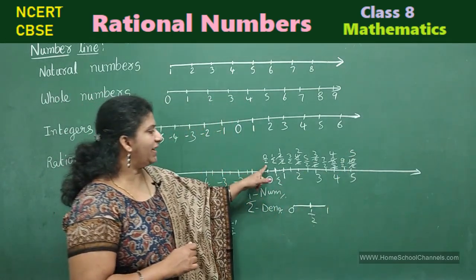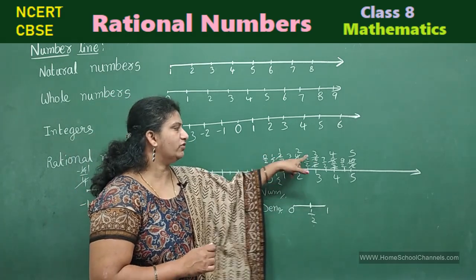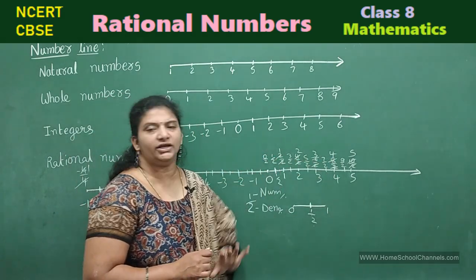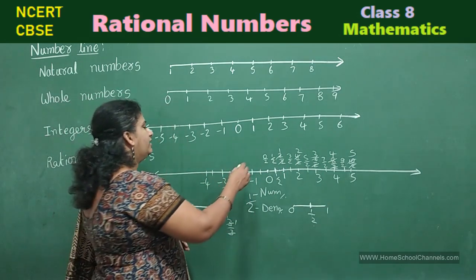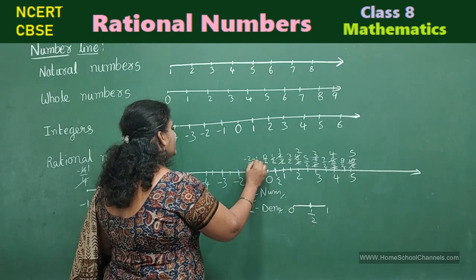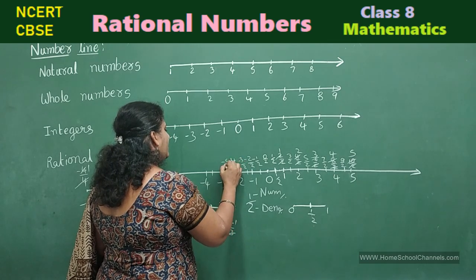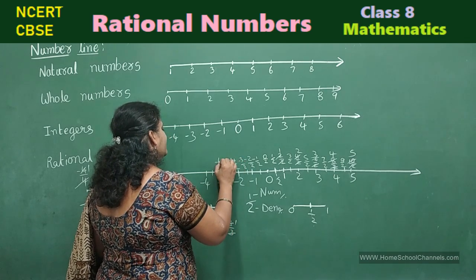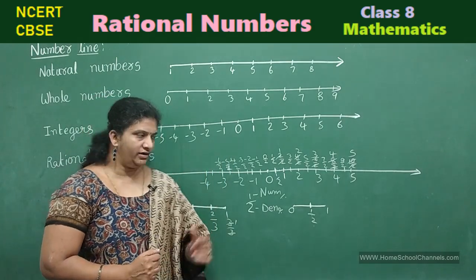See here, the in-between points, what can you say? 1 by 2, 3 by 2, 5 by 2, 7 by 2, 9 by 2, like this you can say. In the same manner, you can mark this side: minus 1 by 2, minus 2 by 2, minus 3 by 2, minus 4 by 2, minus 5 by 2, minus 6 by 2, like this.